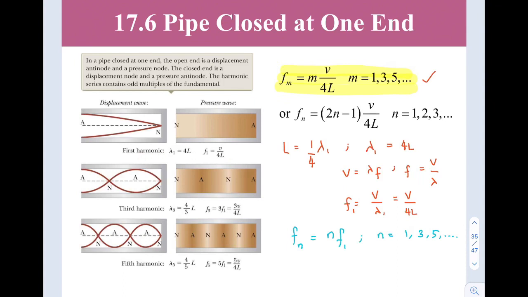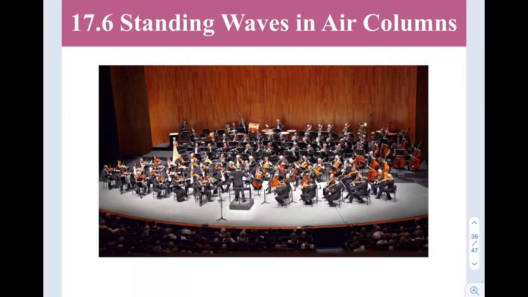So we have the first harmonic, third harmonic, and fifth harmonic. We don't have the second harmonic, fourth harmonic, sixth harmonic, and so on. So we only have odd harmonics. So in general, the equation for a pipe closed at one end is Fm equivalent to mv over 4L, where m is odd orders.